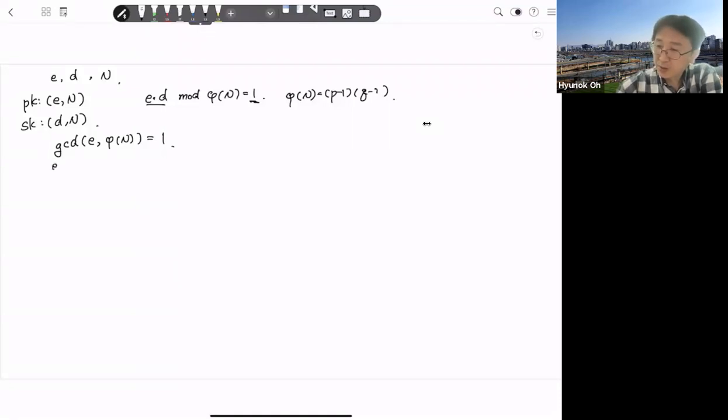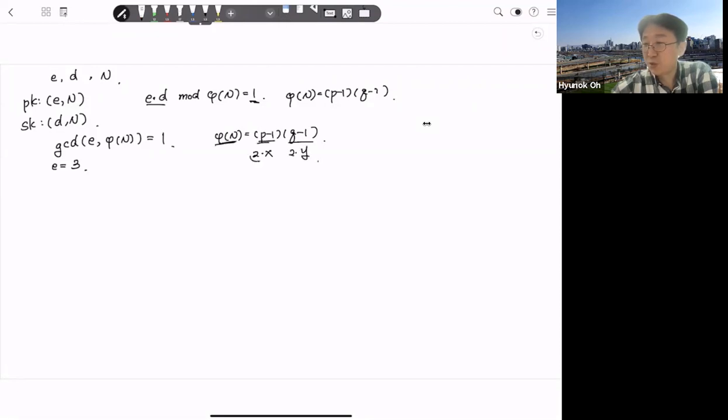So the smallest E value can be 3, because phi N is P minus 1 times Q minus 1. So P minus 1 is 2 times something, and Q minus 1 is 2 times something. So phi N includes 2 already, because P and Q are odd prime numbers. So E cannot be 2, right? Because phi N includes 2 as a factor. So E can be 3.